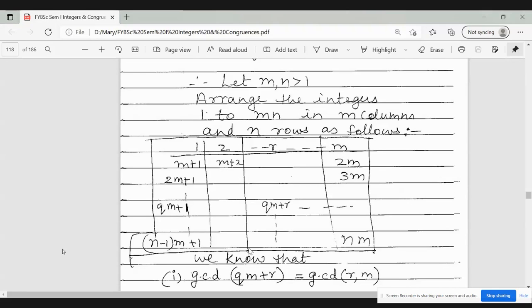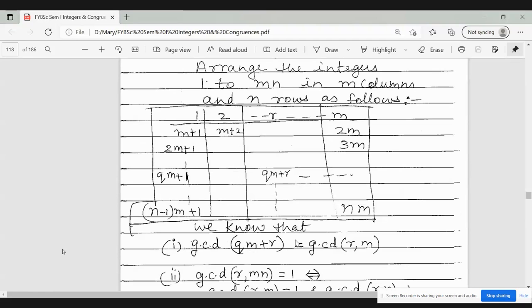What we observe is that GCD of qm plus r and m is the same as GCD of r with m.